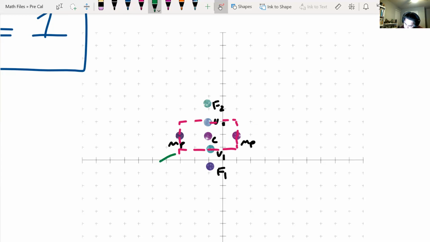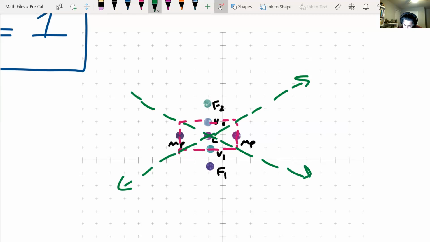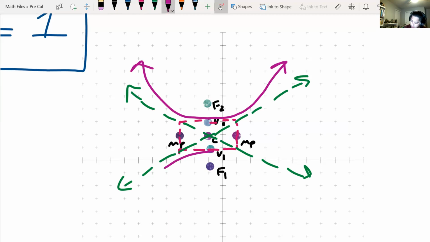We don't know them yet, but we know they cut through the center and the corners of my rectangle. And since my foci are above and below, we open up, we open down.